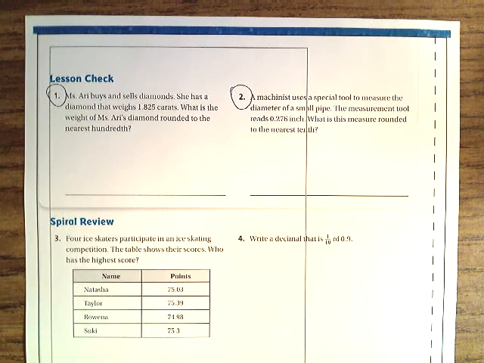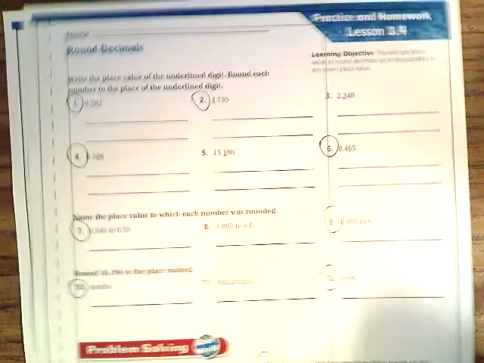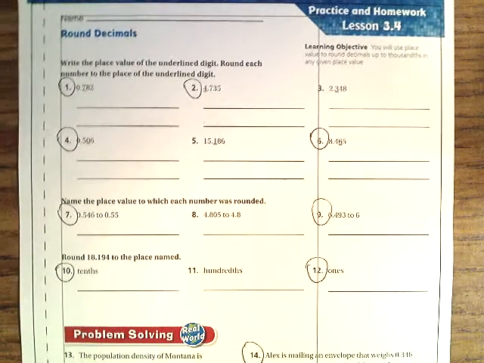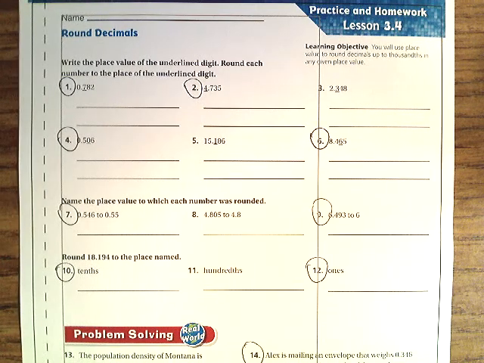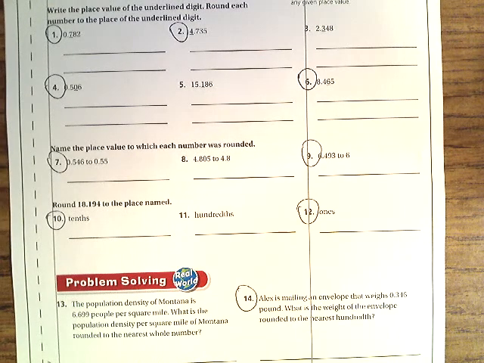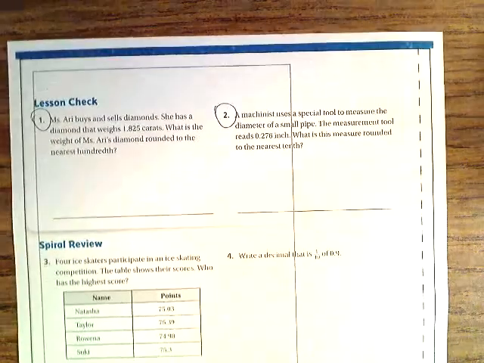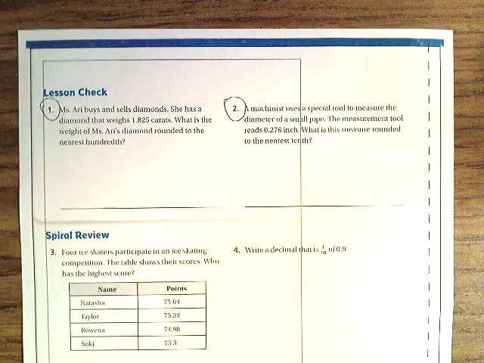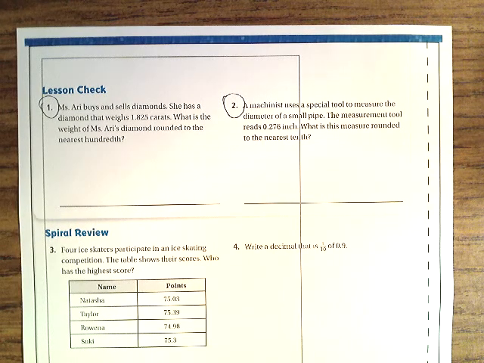So, again, on page 173, which is that first page, you are doing number 1, 2, 4, 6, 7, 9, 10, 12, and 14, and that is 9 on that side. There's 11 total. On page 174, you're doing number 1 and number 2. 11 total problems.